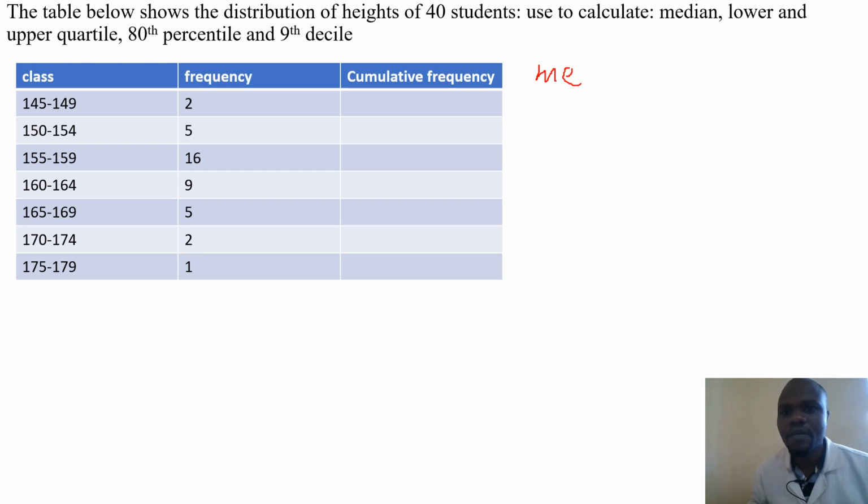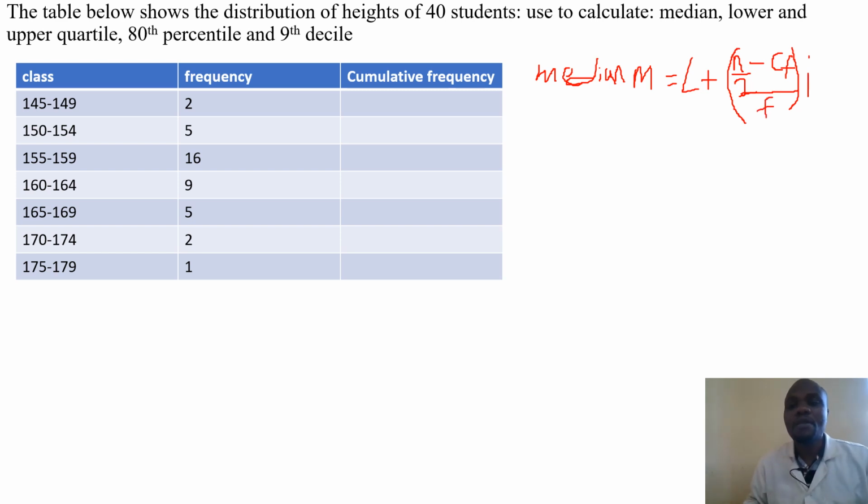The median is given by the lower class limit added to the total number of observations divided by 2, then minus the accumulated frequency of the class above, and we multiply this by our class interval, and then divide by the frequency of the median class.